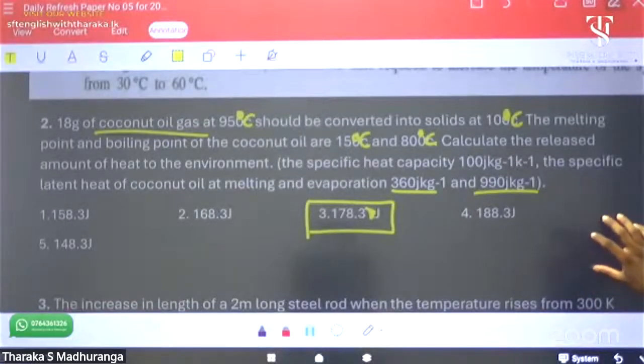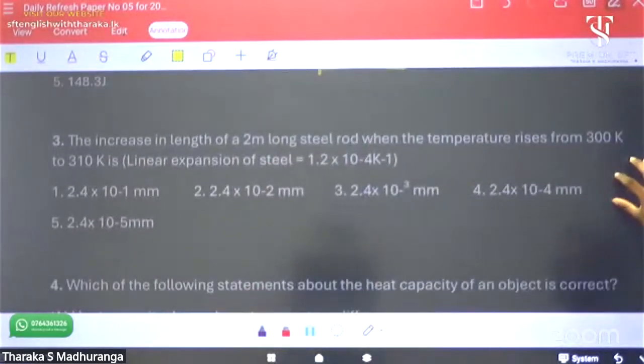Okay, question number 3. That you can calculate. Can you send me the value? The question: calculate the increase in length of a 2-meter long steel rod when the temperature rises from 300 Kelvin to 310 Kelvin.